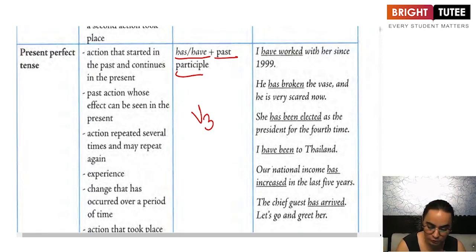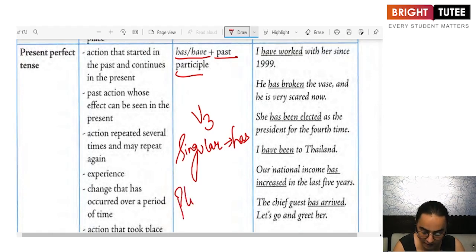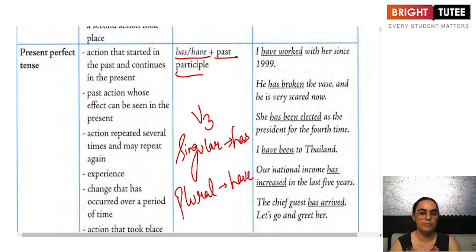What are we supposed to remember here? With the singular subject in a sentence, we use has. And if my subject is plural in nature, we use have. So this is what you need to remember when talking about the present perfect tense.